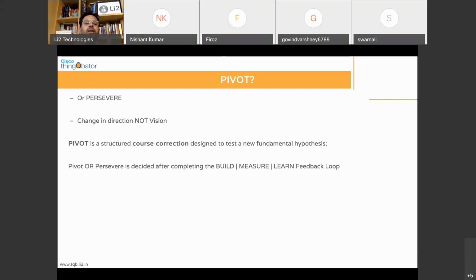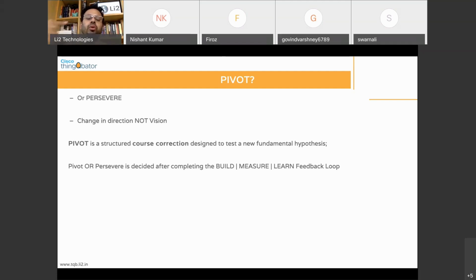Please look at it. It's a structured course correction. It is not simply, oh, this road is not good, I'll take another road. No. Structured, and the structure comes through the build, measure, learn feedback loop. Then you say what you are checking is your fundamental hypothesis. That is your vision.